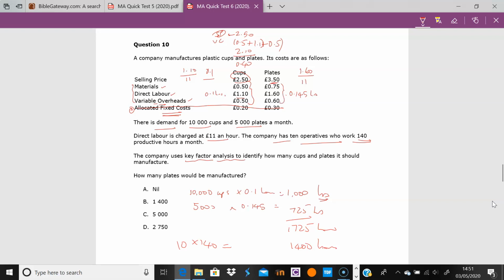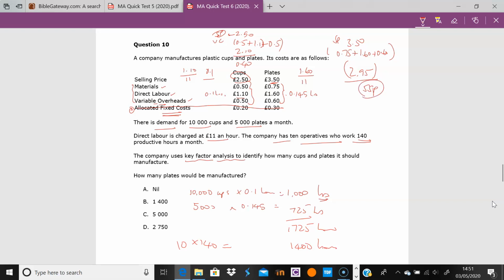That's £3.50 minus the variable cost, which is 0.75 plus £1.60 plus 60p, which is £2.95. So £3.50 minus £2.95 is 55p. That's my contribution on its own.